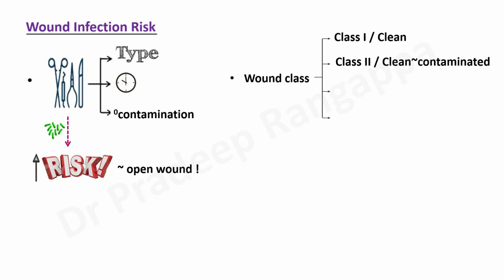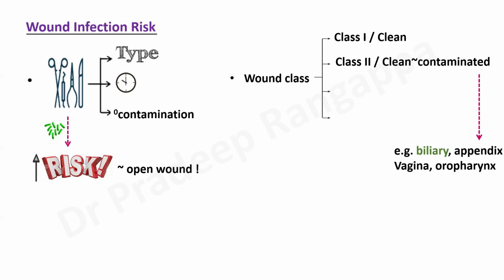So the second class is clean contaminated. What do you understand by clean contaminated? This typically happens when you're dealing with structures like the biliary tree, because bilious fluid is meant to be sterile, but there can be some pre-existent infection which can lead to problems, or the appendix, vagina, or oropharynx.